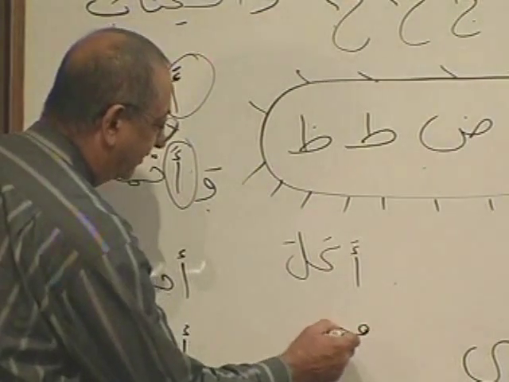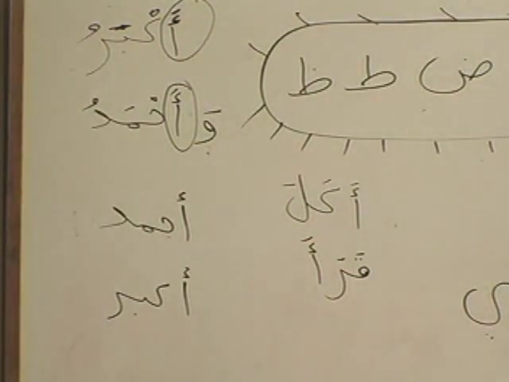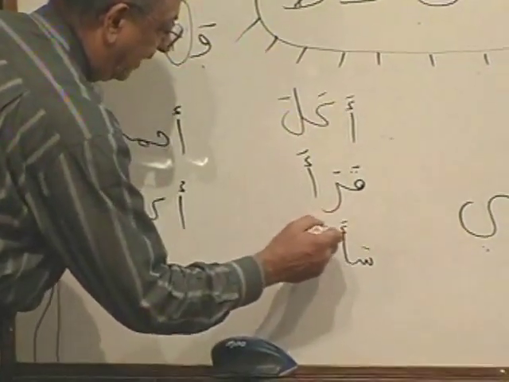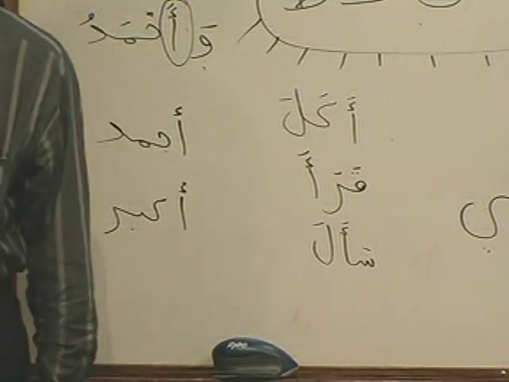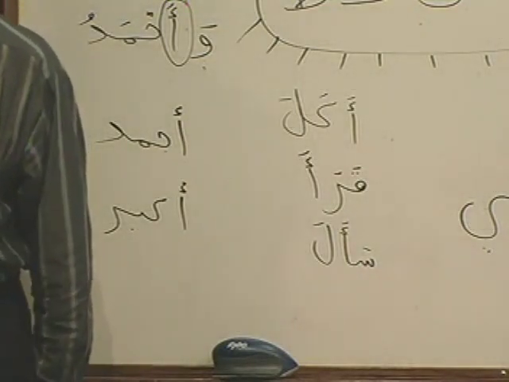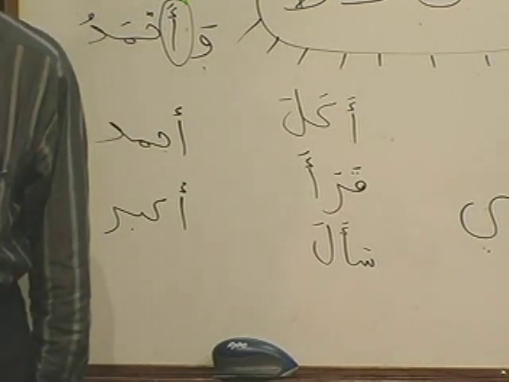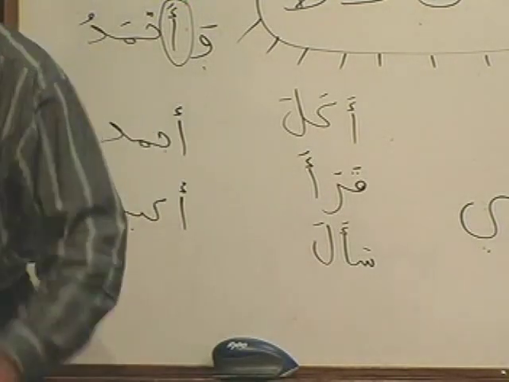What is this, brothers and sisters? Qara'a, he read. And what is this? Sa'ala. See, I am writing Hamza. Hamza is getting a kursi, chair, plus it is getting the neck of the ayn. So that is, Sister Maimuna, Hamzatul Qata. It will always be pronounced, no matter where it comes in the sentence. But Hamzatul Wasal is pronounced only in the beginning. And when it comes, I will be pointing it out to you, inshallah.